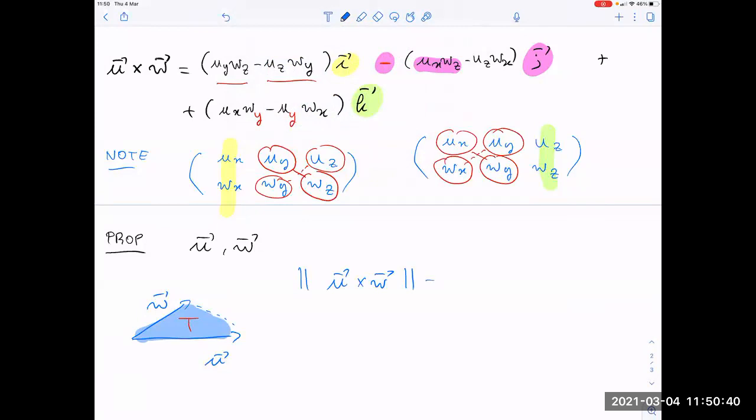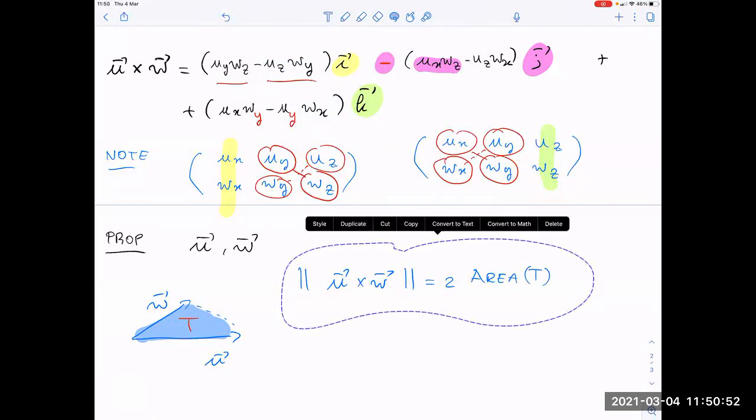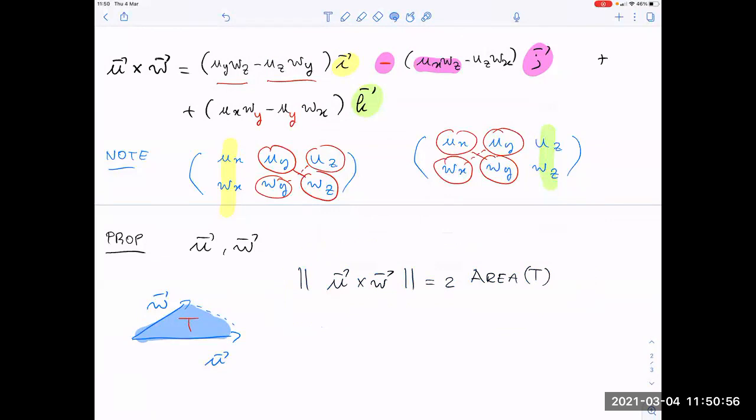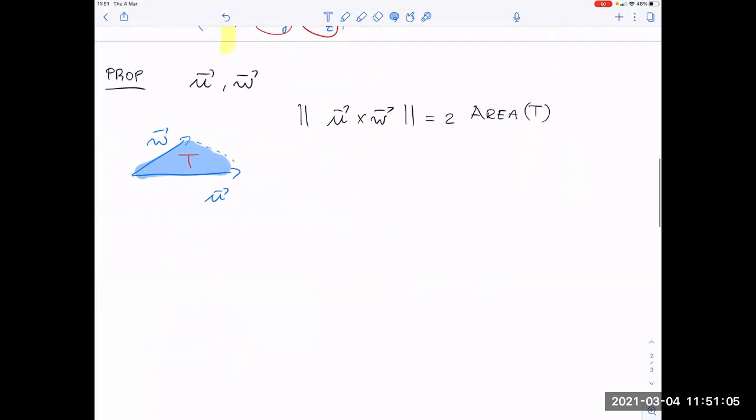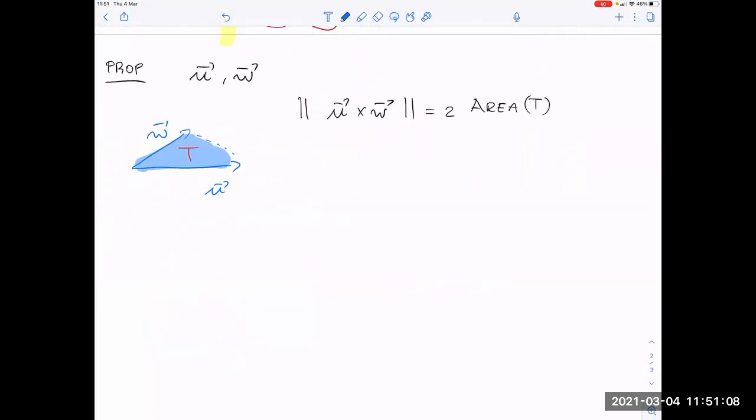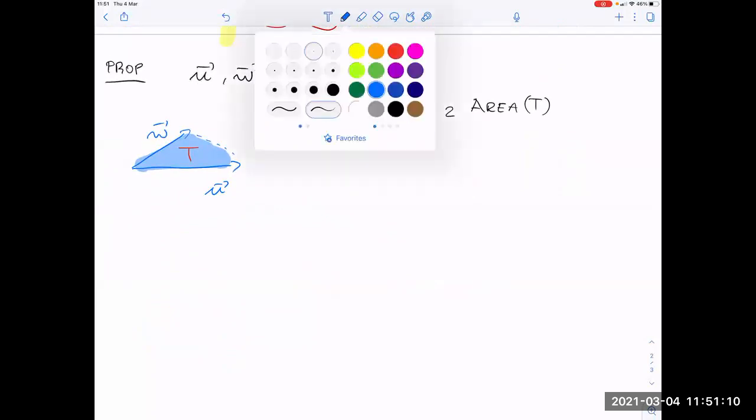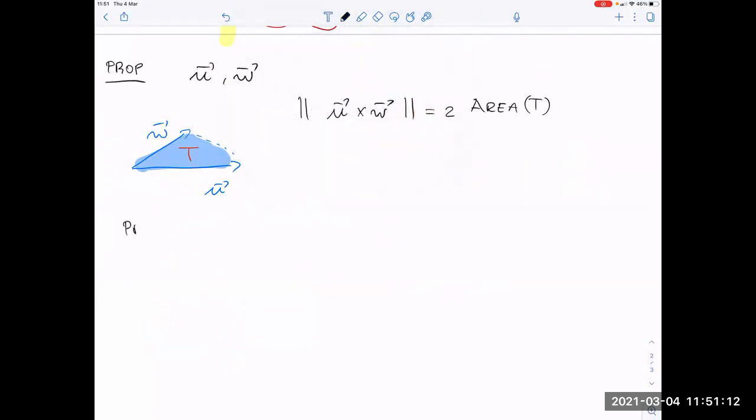And this number is just twice the area of triangle T. So the magnitude of the cross product is just twice the area of the triangle whose sides are U and W. Very quickly, a sketch of the proof. Very easy, I think.